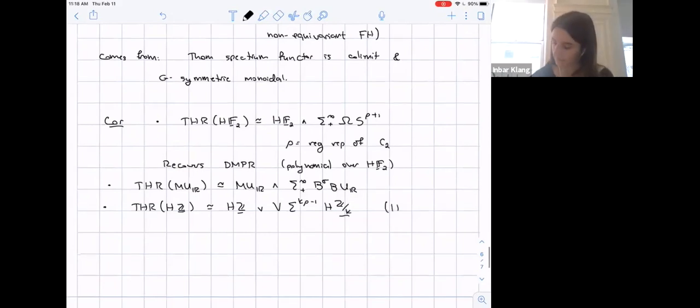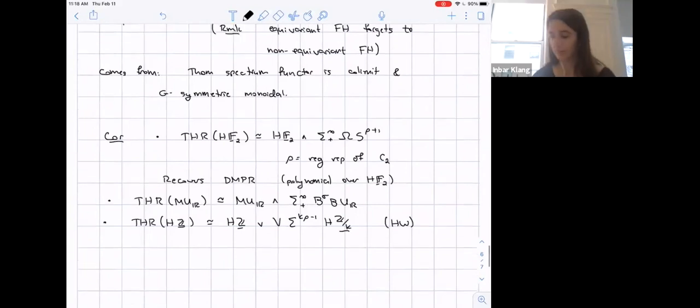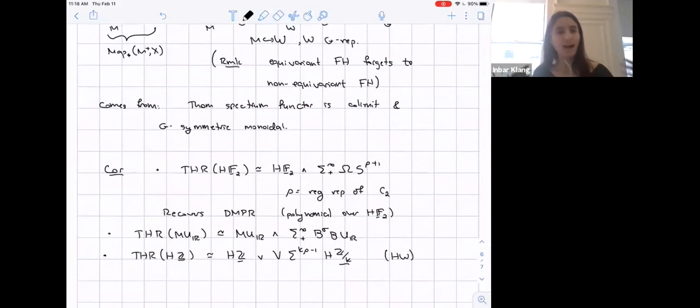So this is in the appendix by Jeremy Hahn and Dylan Wilson. And there's also some higher factorization homology things that we can do from there. So we can also find the factorization homology of HF_2 on some higher dimensional spheres. And also the same is true for MU_R. We can actually find the factorization homology of MU_R on any kind of representation sphere, because this is a Thom spectrum of a G E_∞ map.